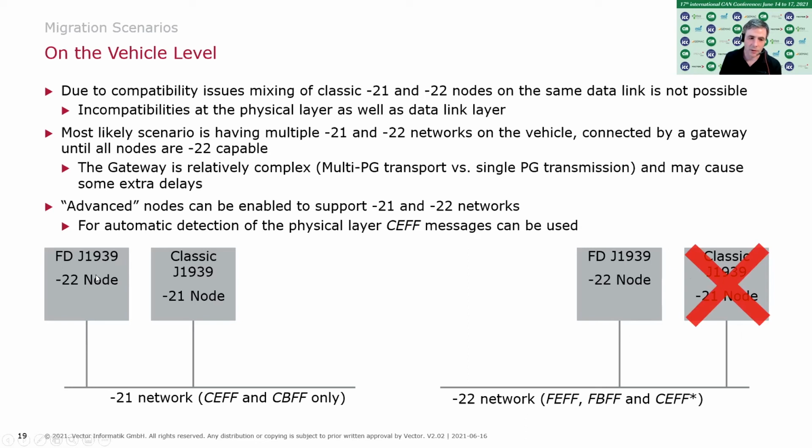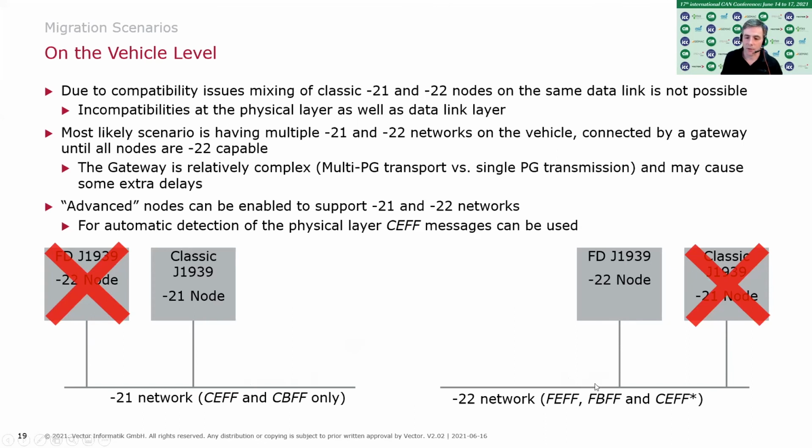An FD node, if it is not prepared in a special way, cannot be attached to the classic J1939 data link. This is for the reasons of the previous slides. This is not possible, since the FD node will simply enable the CAN FD protocol. This will cause issues here.